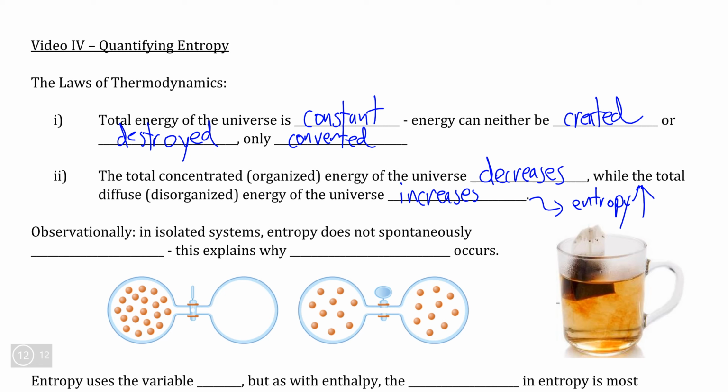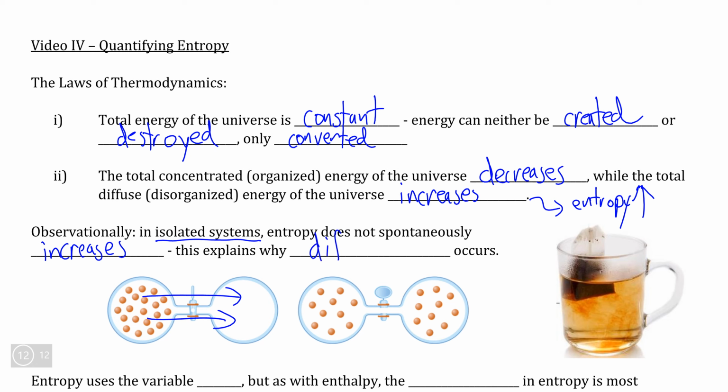Obviously, we can't look at the entire universe and observe the trends that occur, but we can look at the change in entropy within an isolated system, which is how we introduce the concept of entropy. In short, within an isolated system, if we cut off all energy and matter from the outside, entropy never spontaneously decreases, and overall we see a movement from a more organized state of matter to a more disorganized state of matter.